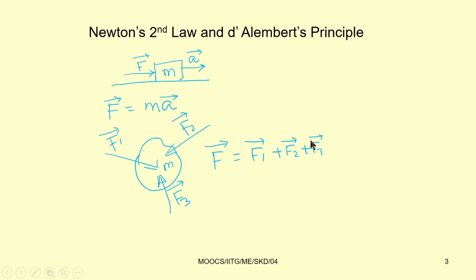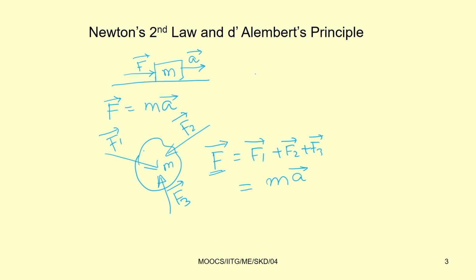Then we can apply F equal to mass into acceleration, and this acceleration takes place in the direction of the resultant force. So, here F is the resultant external force.